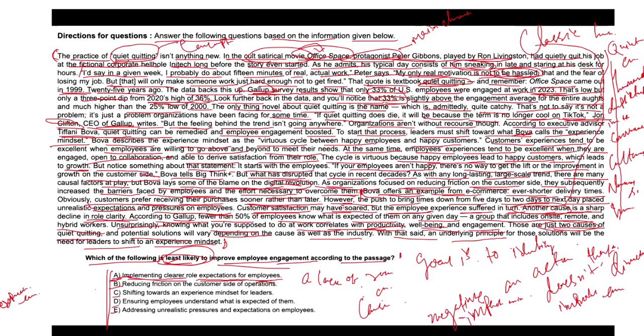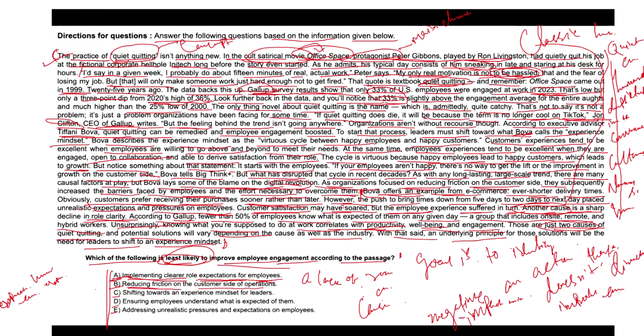Option B states reducing friction on the customer side of operations. The passage discusses that reducing friction on the customer side may increase customer satisfaction, but it can lead to increased pressures and unrealistic expectations for employees. And this has a negative effect on the employee experience and engagement.